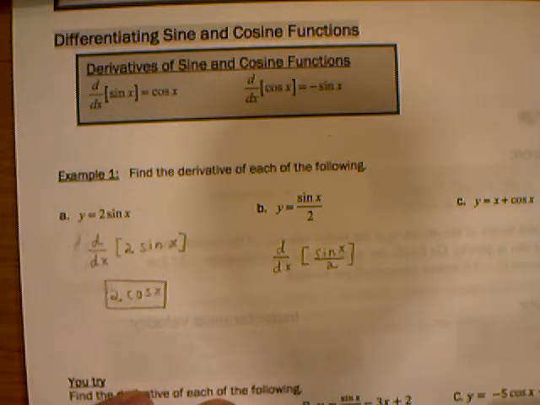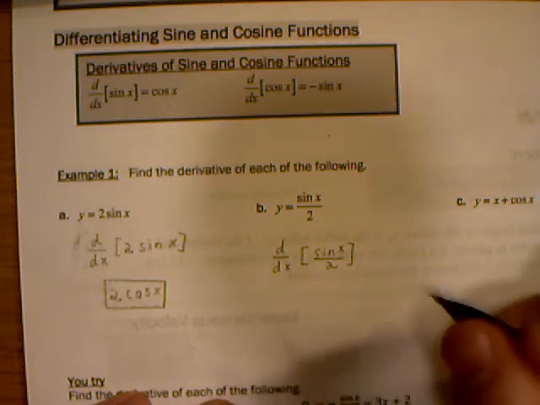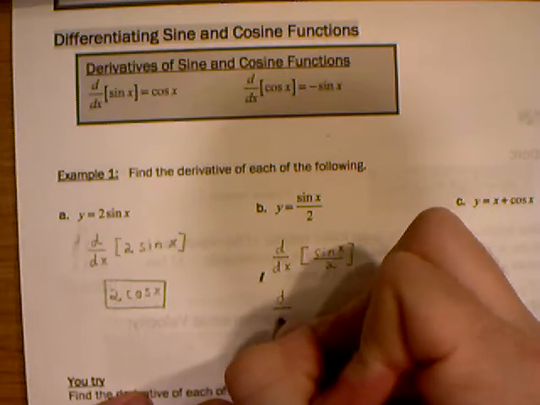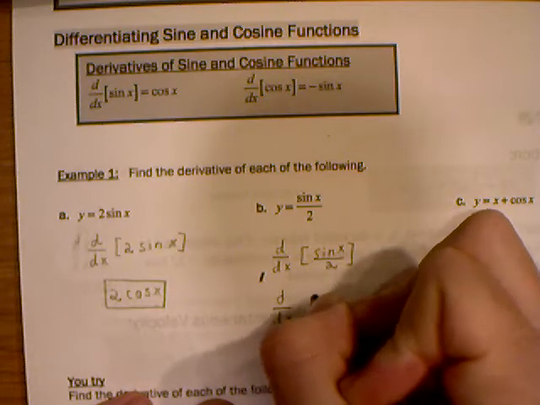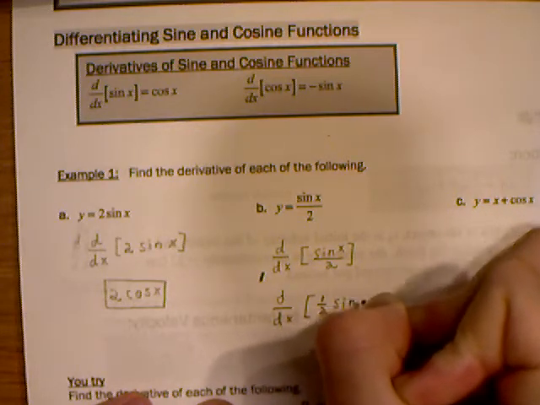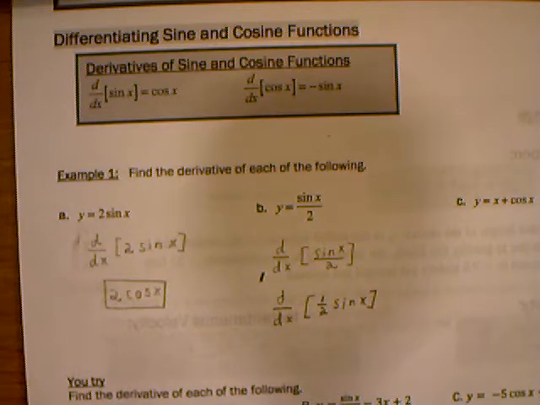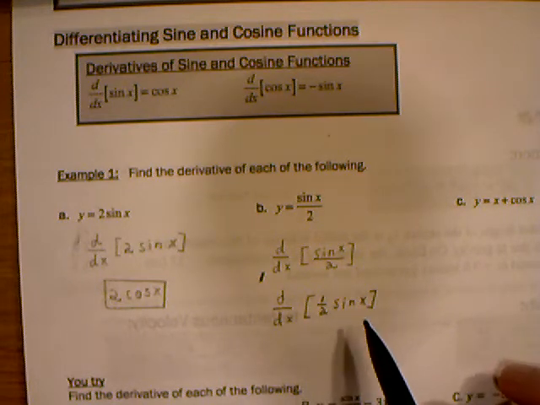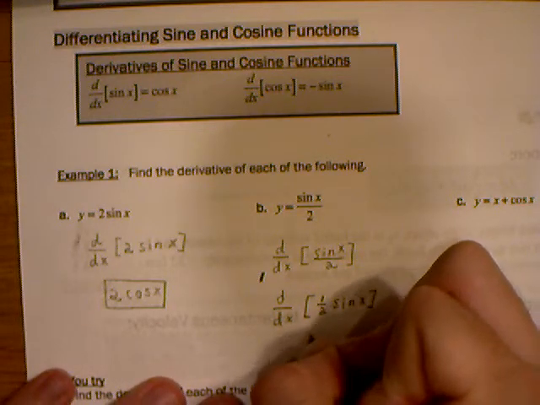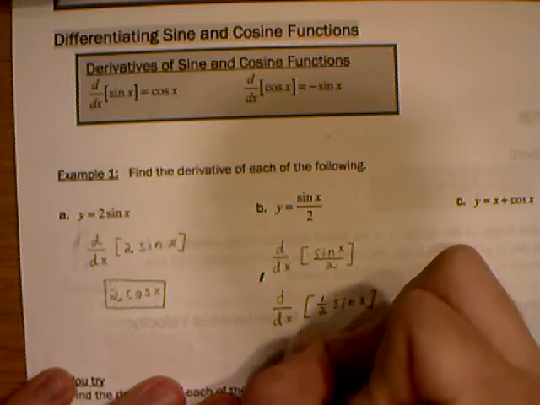Now just to make this a little bit easier, so that I actually have a coefficient of sine x, I'm just going to change this to the derivative with respect to x of 1/2 sine x, because dividing by 2 and multiplying by 1/2 are the same thing. So now I can take the derivative of sine x, which is cosine x. So my answer is 1/2 cosine x.